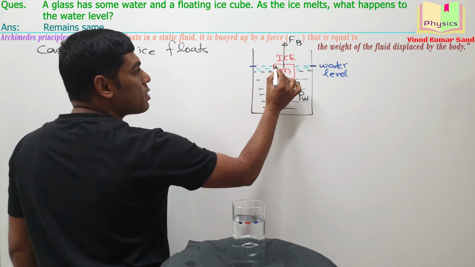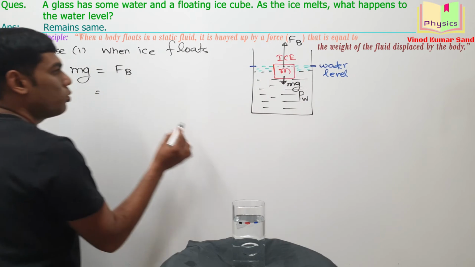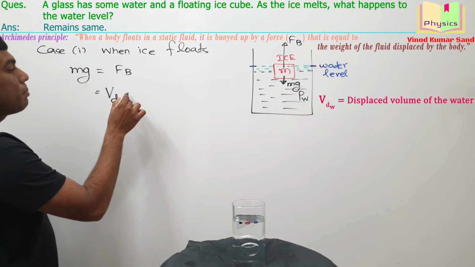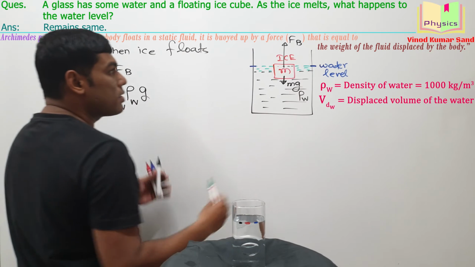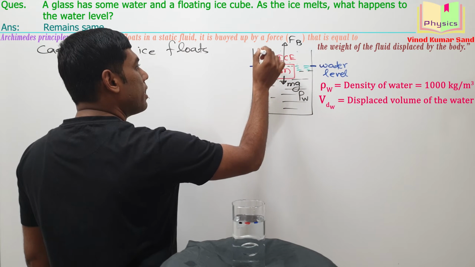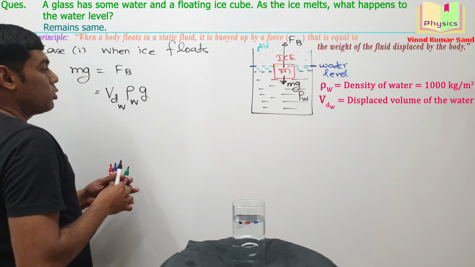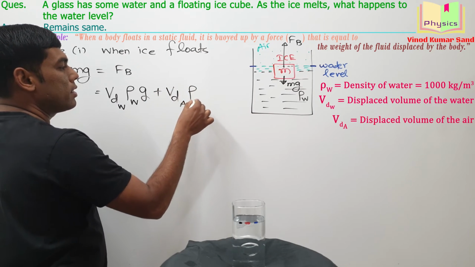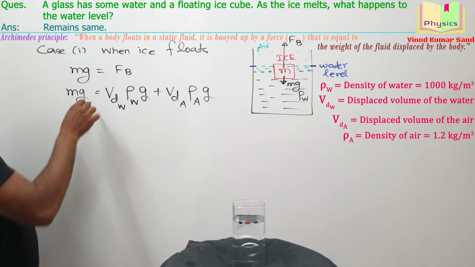The ice is displacing some weight of the water, so we can write volume displaced of the water multiplied by the density of water into g. The ice is also displacing some weight of the air here. Here are the air molecules, that we should write as volume displaced of the air into density of air into g. And here is the mg.